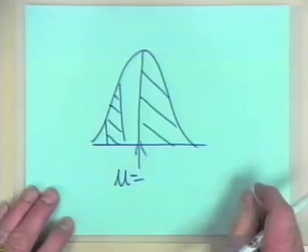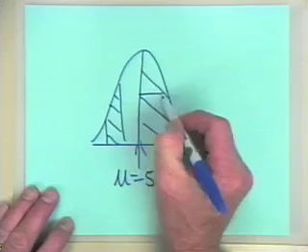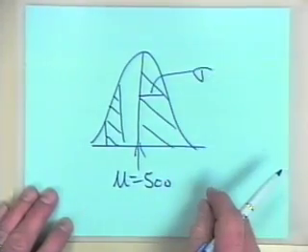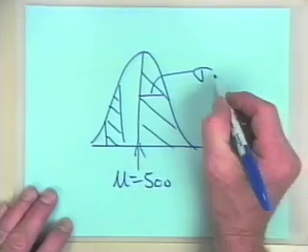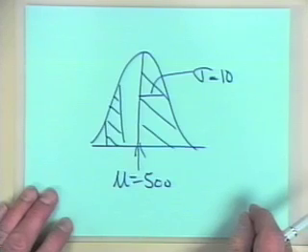We will say that the mean for this distribution happens to be 500. And we draw a line over here and we say that this symbol right here is for a standard deviation. And we'll say that the standard deviation happens to be equal to 10.